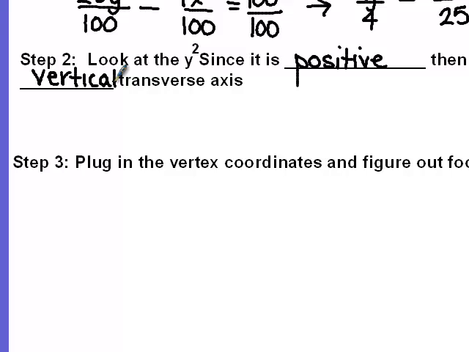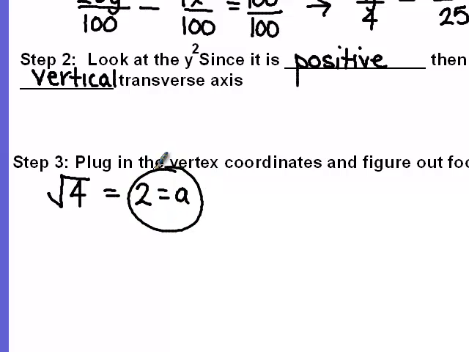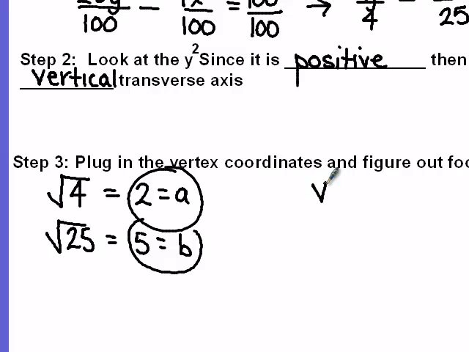So if our A is 4, we got to take the square, actually that's A squared. We have to take the square root of 4, so 2 equals our A. And then we have to take the square root of 25, and that is going to equal our B. Now that we have that, we can write in the vertex, and the vertex points are going to come from that graph that you copied down in your book.